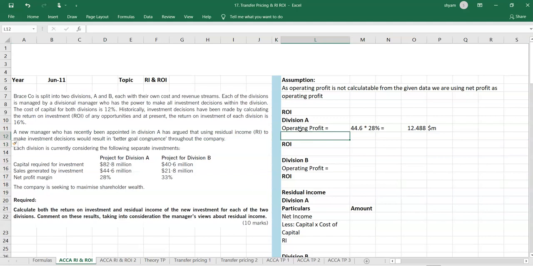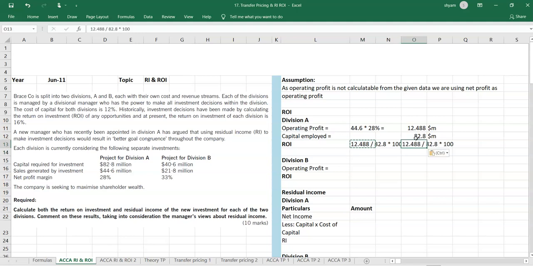You can also get capital employed. Capital employed is a straightforward number. We can directly get it from there. So it is 82.8. Again, it is dollar million. So to find out ROI, it's going to be 12.488 divided by 82.8 into 100.